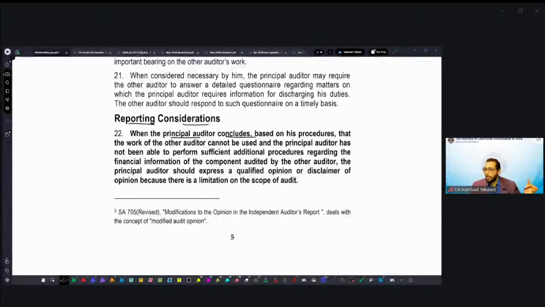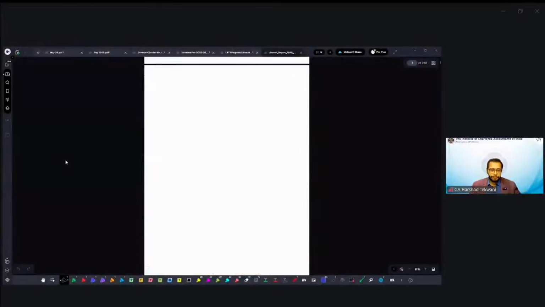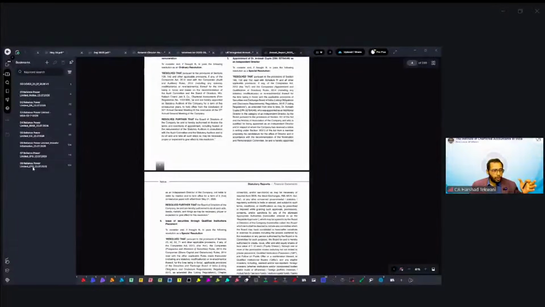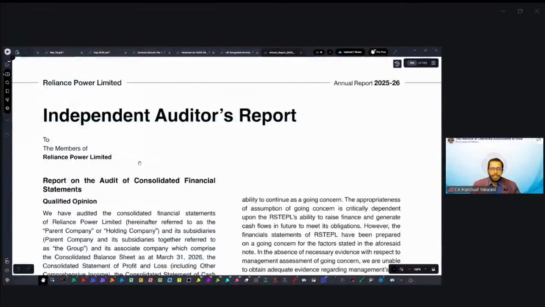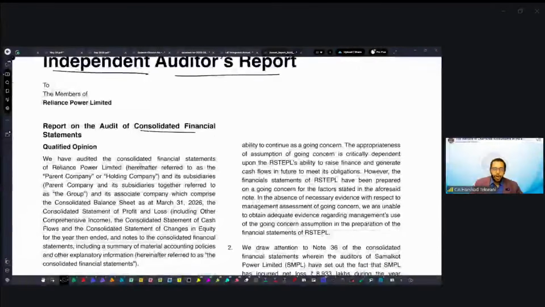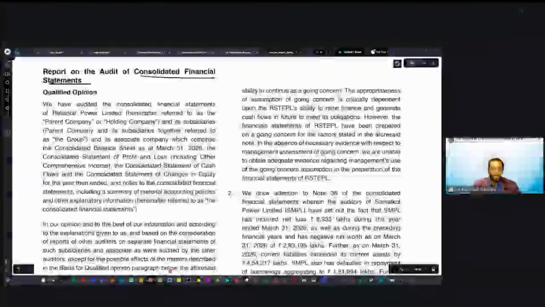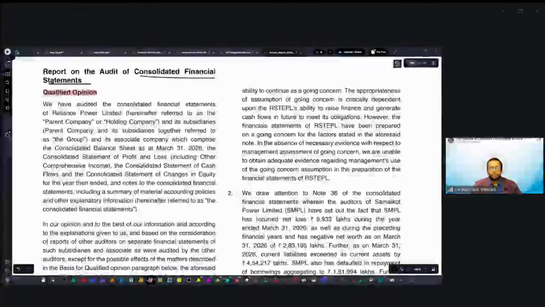It is for your understanding purpose. We'll go to the CFS. This is the independent auditor's report on the consolidated financial statements. But this time we have something called a qualified opinion.